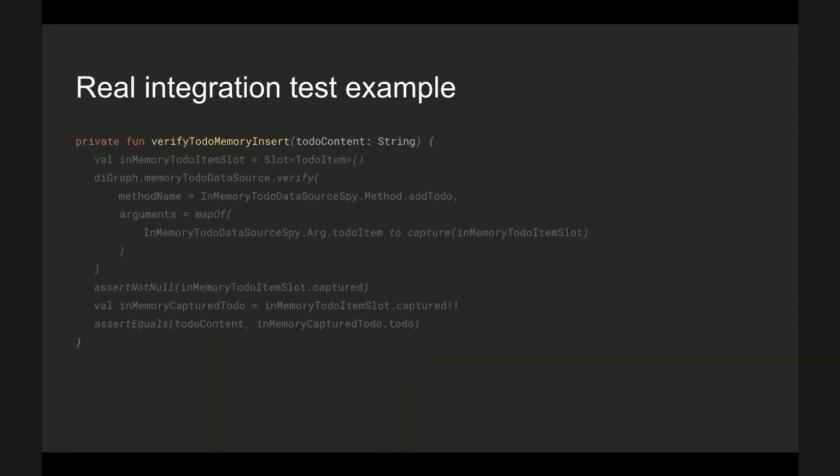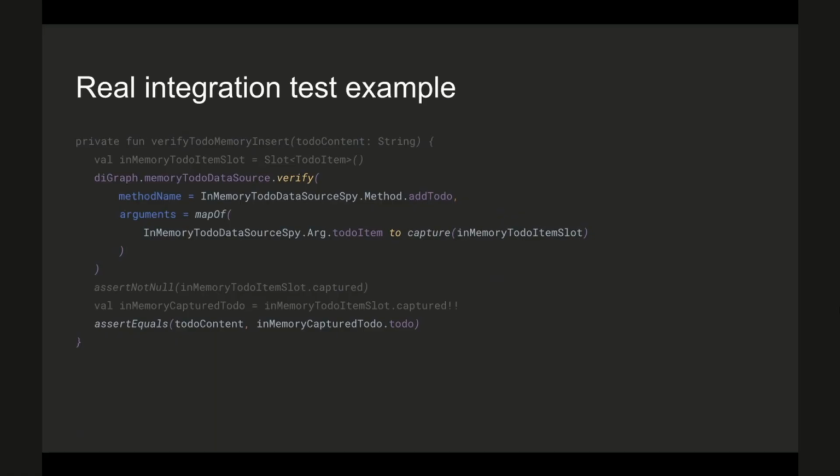So let's have a look specifically at how we can verify that the to-do has been inserted in memory, for example. Here, the interesting part is that we can access our DI graph. From our DI graph, we can ask for the memory data source. And since the memory data source is a spy from Mockingbird, we can actually verify an invocation on it.